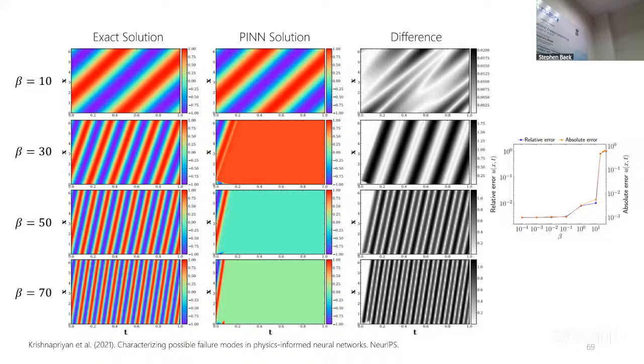So everything looks good. But the moment beta goes up, the stripe pattern becomes much more frequent and steeper, and you can see that the model just gives up preserving the periodic boundary condition, and we get to see a lot of errors.